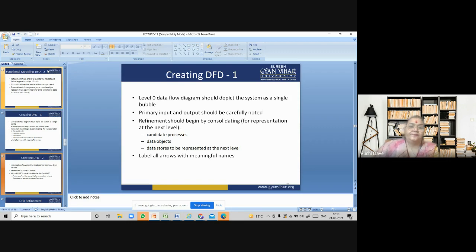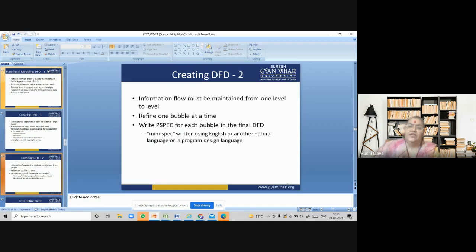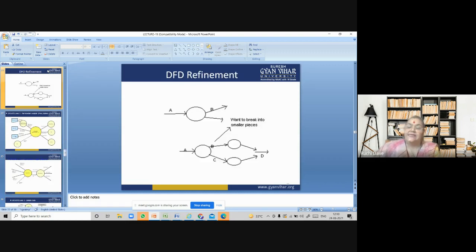Coming to the information flow, which must be maintained from one level to another level, you can keep refining one bubble at a time, and then you can write down the specification for each bubble in the DFD, a mini specification or a small note. You can write it in English or another natural language, or in some programming design language also, that is also permissible, but no loops, please. Okay.